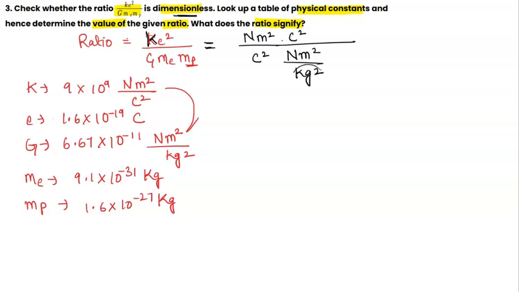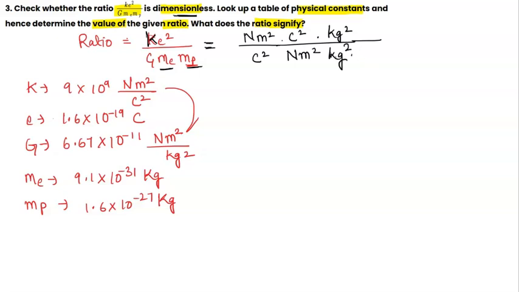For this kg square in the denominator of G, we can write it in the numerator. Now for m_e, the mass of the electron, the unit is kg, and the mass of the proton is again kg. So kg into kg is kg square.